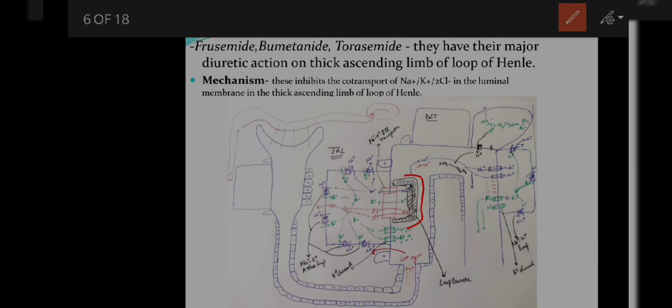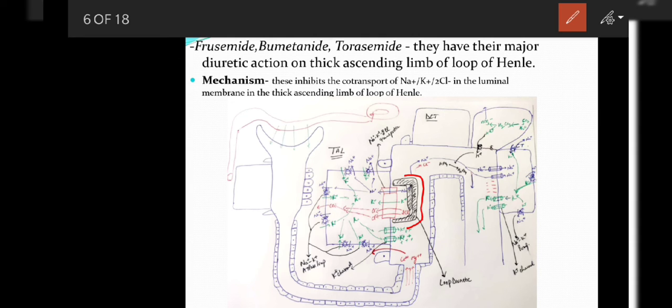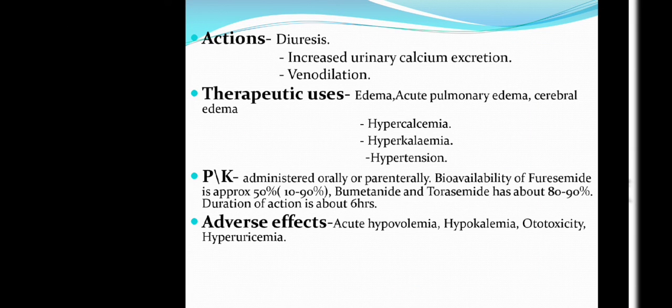Now we'll come to the next slide, where we see the actions. Diuresis, already discussed, and increased urinary calcium excretion. Venodilation: it dilates the venules, which decreases the blood volume and venous return, which helps in coping with acute pulmonary edema.